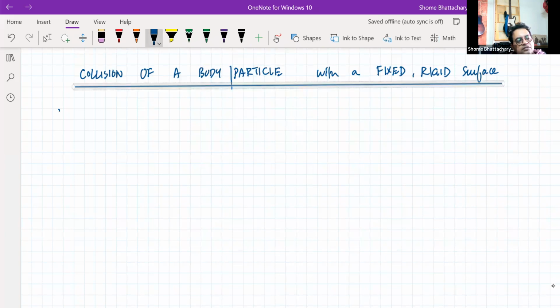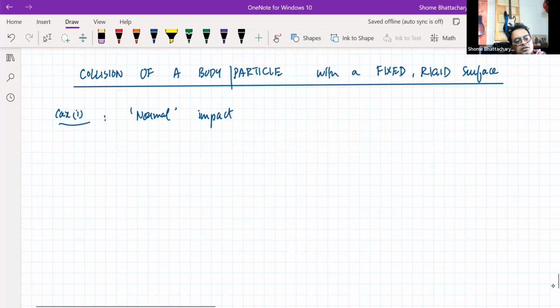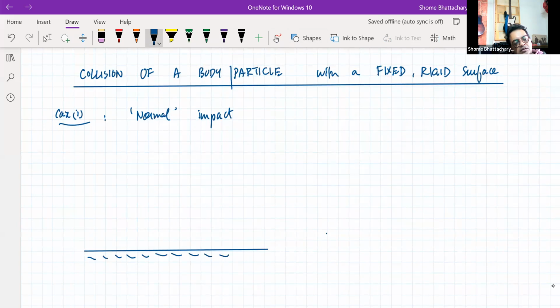So in this we'll take the first case only today, which is what we call the normal impact. So normal impact means the object that is colliding in the normal or perpendicular direction. So imagine a ball bouncing, something like this.